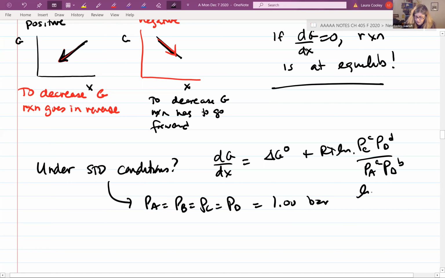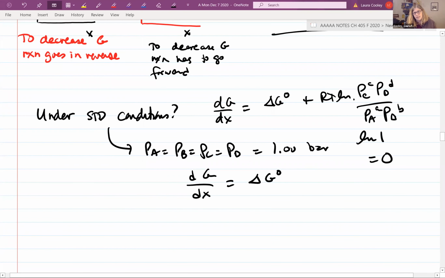So this is still the log of 1, which is 0. So dG/dx is totally determined by the sign of the delta G0. So that tells you that the delta G0, if it's positive, the reaction will go in reverse. If it's negative, the reaction will go forward, right?